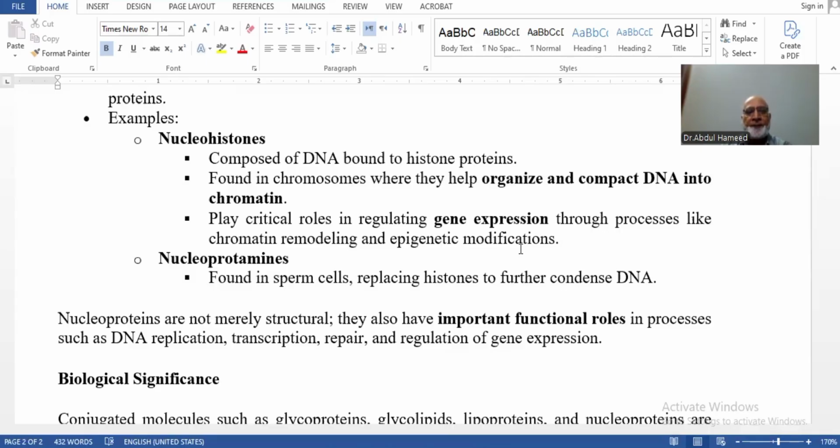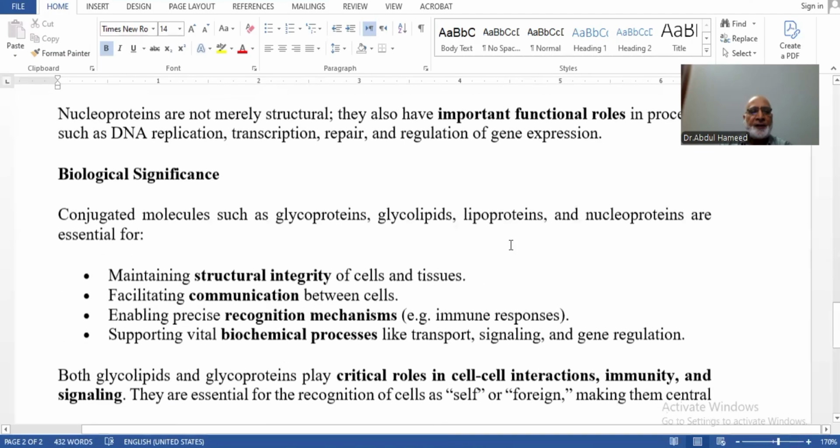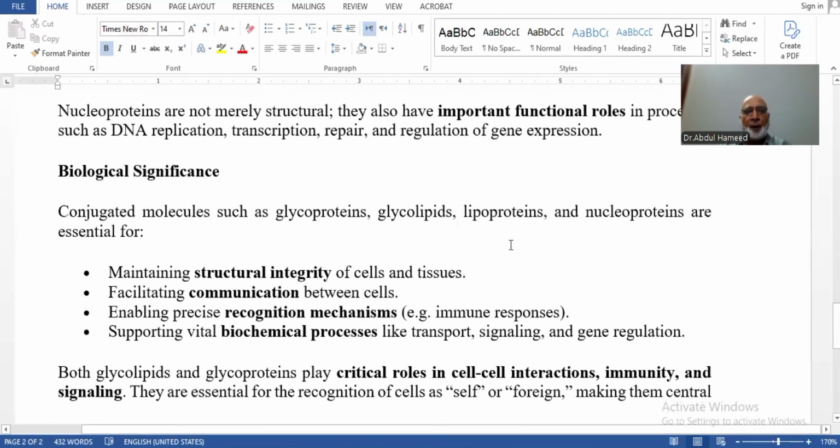Because the size of a sperm cell is very small, the head containing the nucleus should be small enough. So the nucleoproteins are responsible for the further and complete compactness of the nucleus. Nucleoproteins are not merely structural, but also perform functional roles in processes such as DNA replication, transcription, repair of the DNA, and regulation of gene expression. So what is the biological significance of all these conjugated molecules?